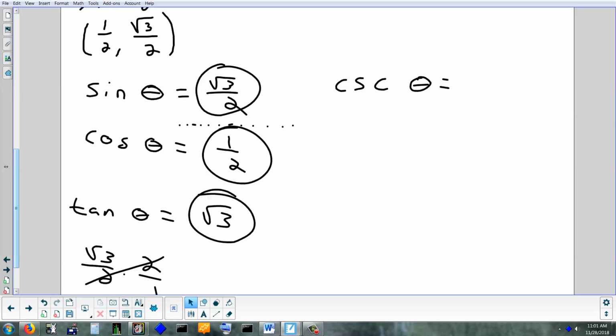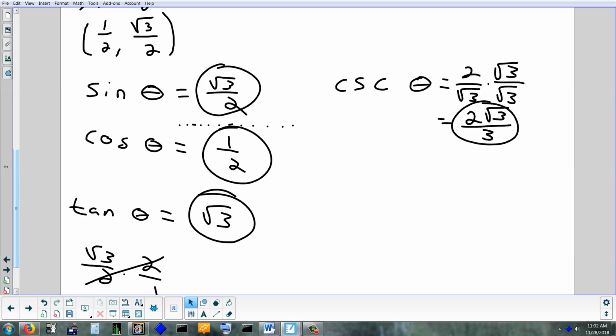So we flip it, 2 over the square root of 3, but there's something wrong with that. It's not like we did anything wrong, it's just that this naturally happened and we've got to fix it. You can't have a square root on the bottom. You multiply by square root of 3 over square root of 3, and that gives you 2 root 3 over 3.